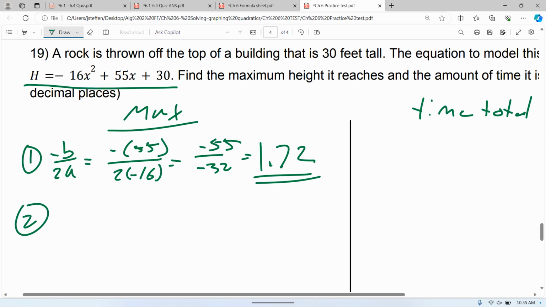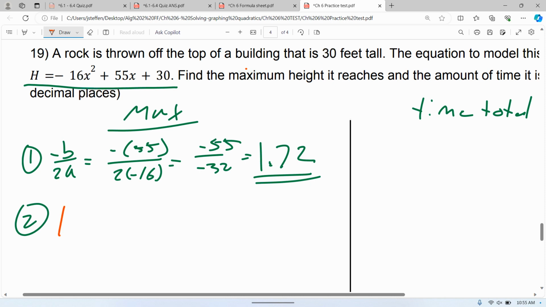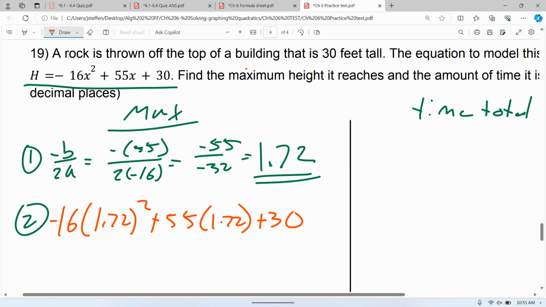So plug that back in, just like we did with the graphing problem. Negative 16 times 1.72 squared plus 55 times 1.72 plus 30. In your calculator, you end up getting 1.72 and 77.27, but the maximum height is that 77.27.